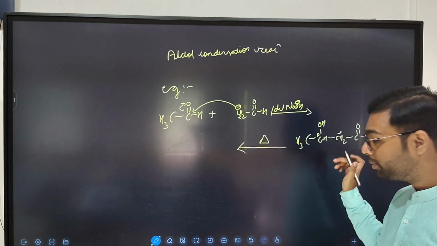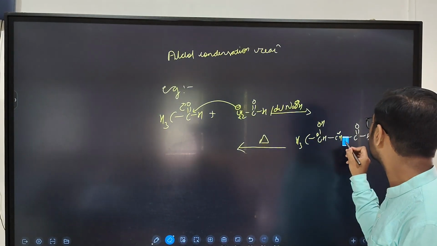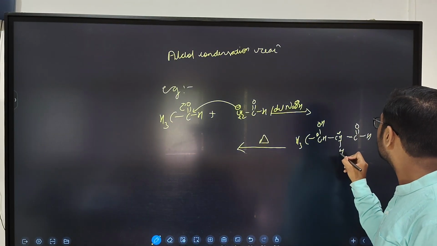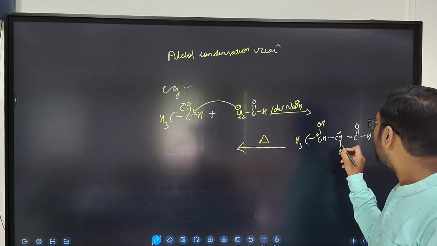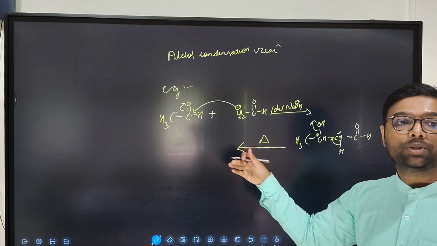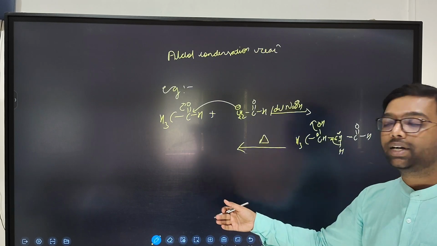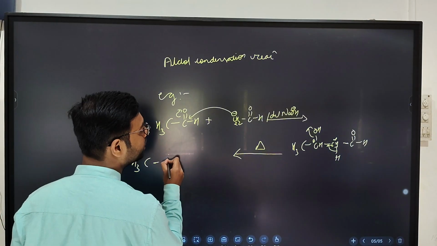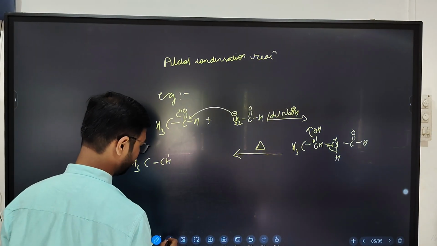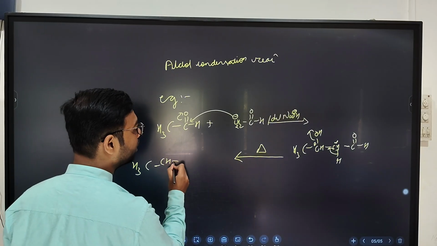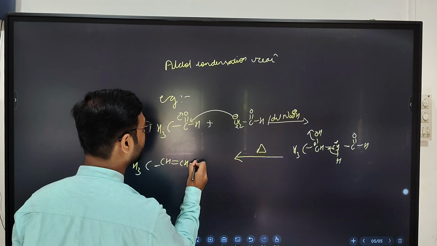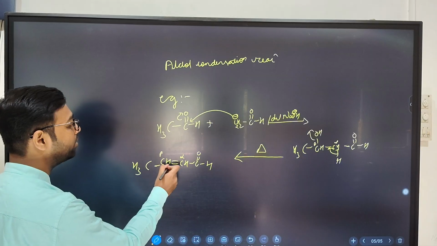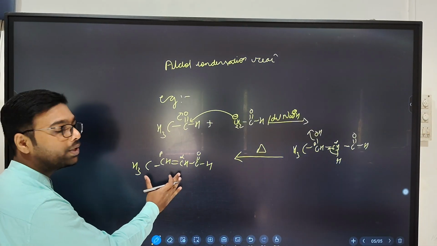Because you see this alpha carbon will lose one of its hydrogens and it will lead to the elimination of a water molecule and the formation of the corresponding alpha beta unsaturated carbonyl compound. So CH3CH=CHCHO. So you see this is the alpha carbon, this is the beta carbon. So this is an alpha beta unsaturated carbonyl compound and this molecule's name is crotonaldehyde.